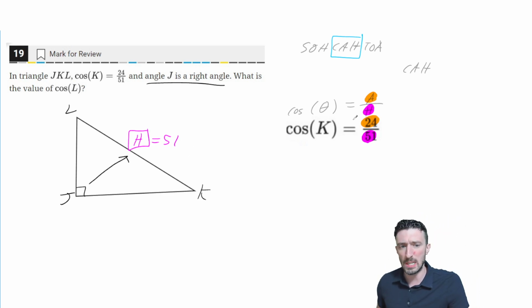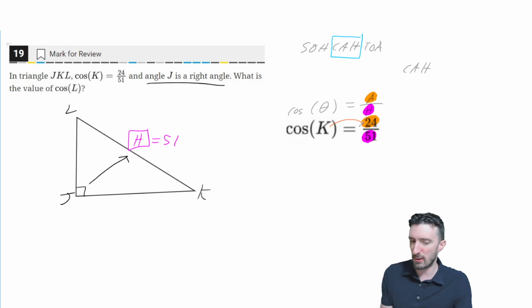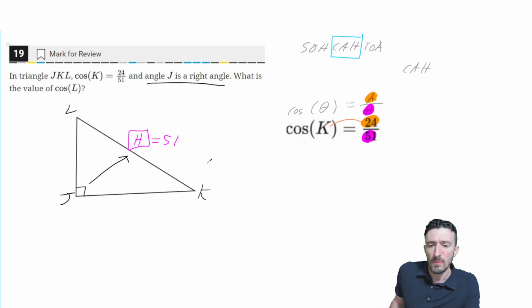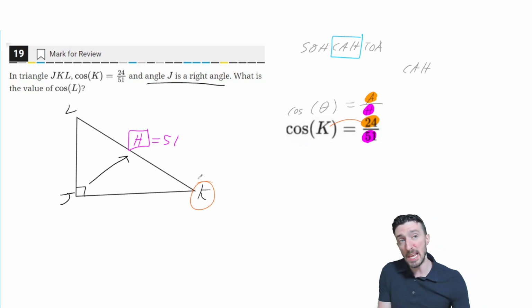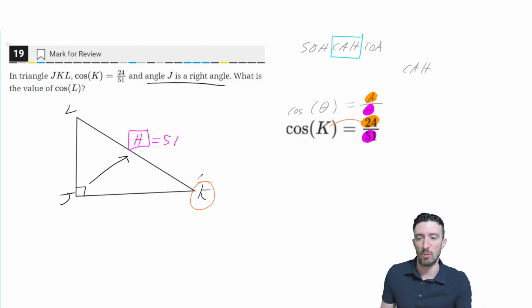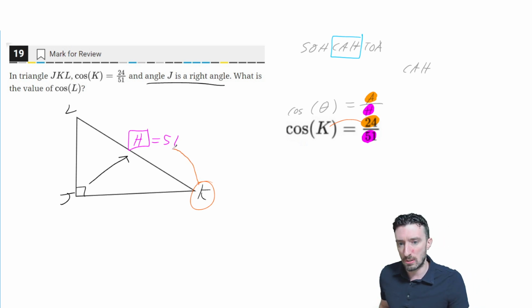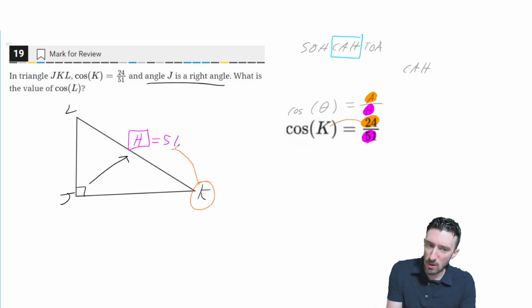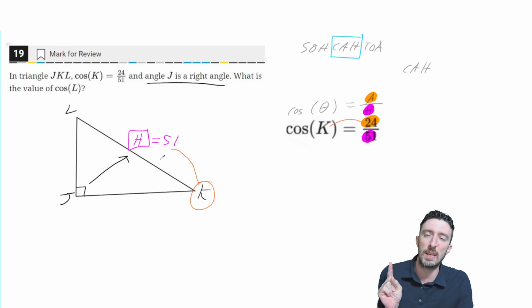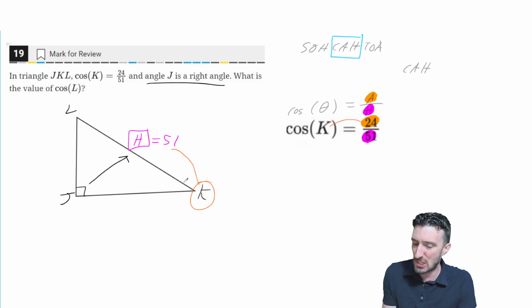But what about an adjacent? Well, what does that mean? It means adjacent to whatever angle you have. So in this case, we're talking about angle K. And what side is adjacent to that? Well, adjacent means next to. So should I just go with this one? Well, no, because when we say adjacent, we mean the side that's adjacent, but not the hypotenuse.